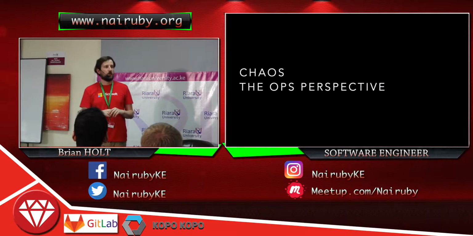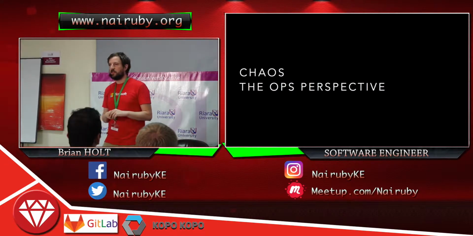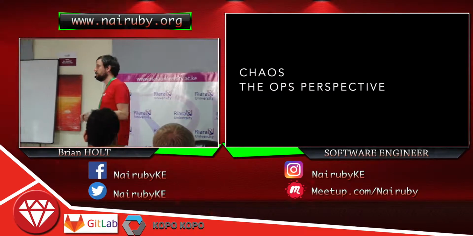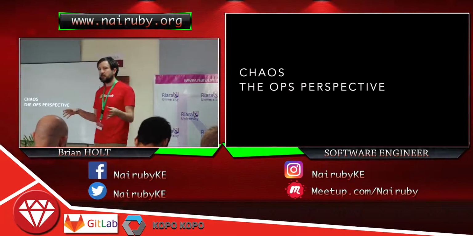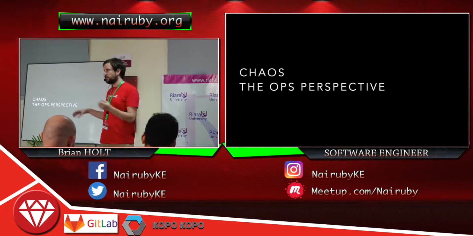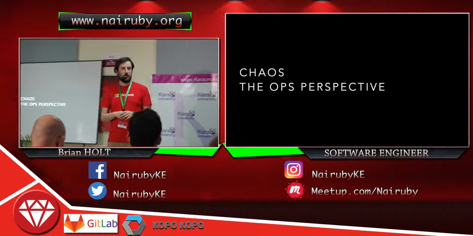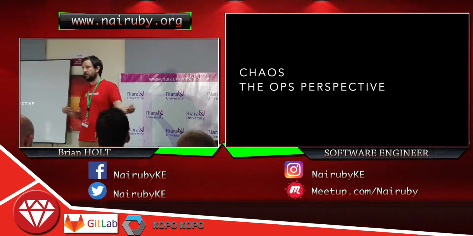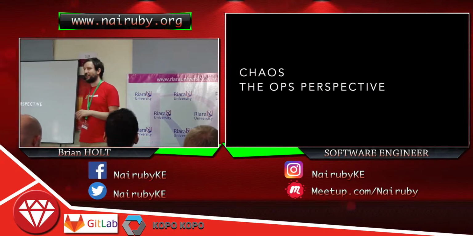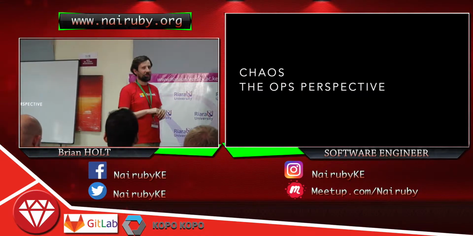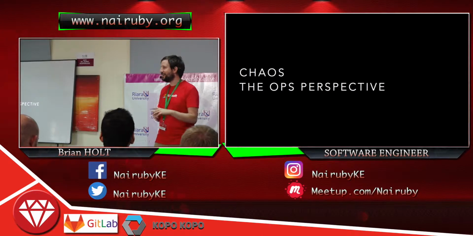So chaos from the ops perspective is something like Chaos Monkey. Chaos Monkey is a server that you install inside of your own system, and you basically give it a list of servers. It's like, hey, at random, start taking things down. Now, most of you think this seems like a bad idea, right?